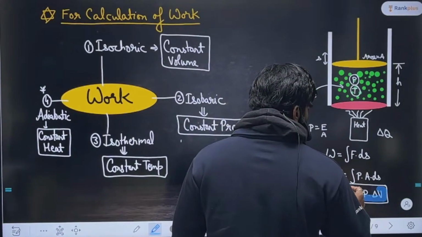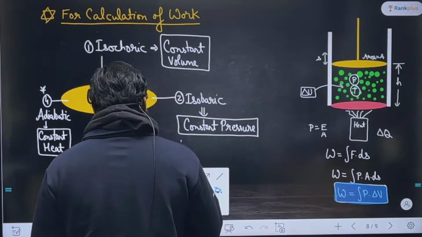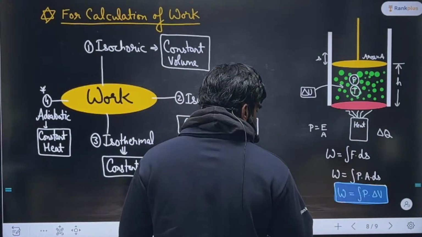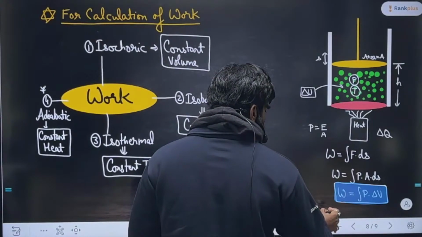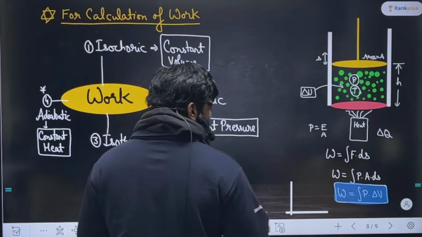And if I'm seeing any integration, I have in my mind that I have to integrate, because integration means that we have to get the area under the curve.